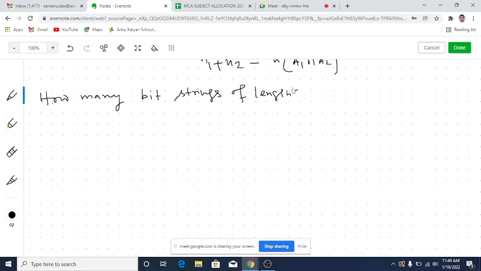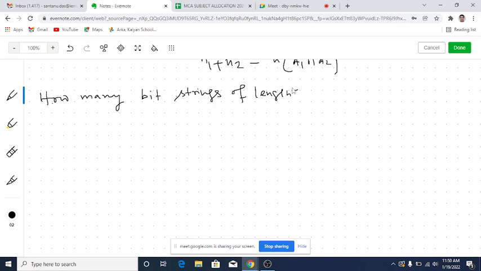There will be subjective questions, not MCQs, 5 questions each of 2 marks. That means some definitions might be asked from my part, or certain justifications, that type of problems will be given. So 5 questions of 2 marks, total 10, and then 2 questions of 5 marks each, total 10, and then 1 question of 10 marks.